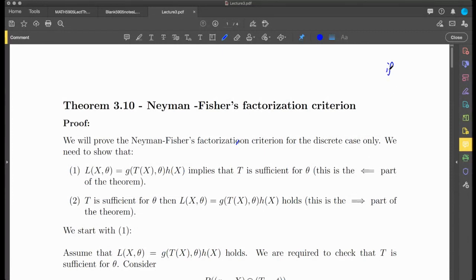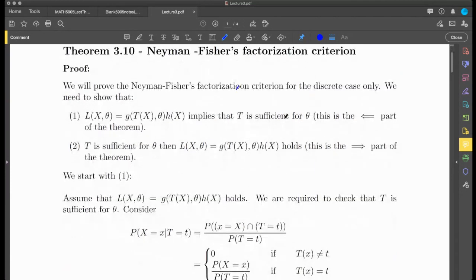When you see if and only if statements, there are two directions to prove. There's the implies part, and then there's the implied by part. So let's start with the one which says, if I can write my likelihood in this factorized form, then T must be sufficient for theta.